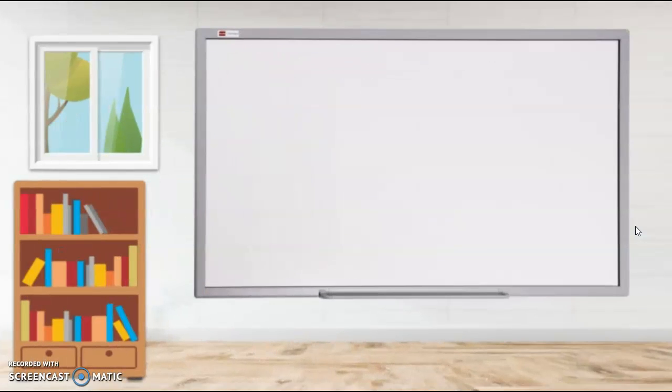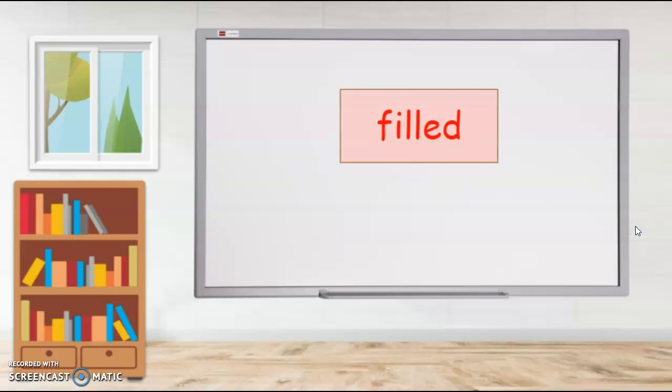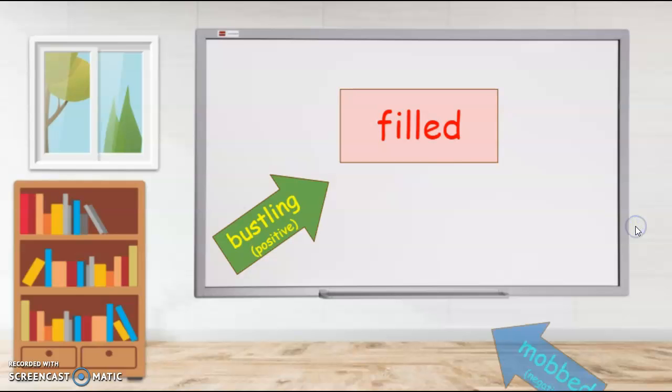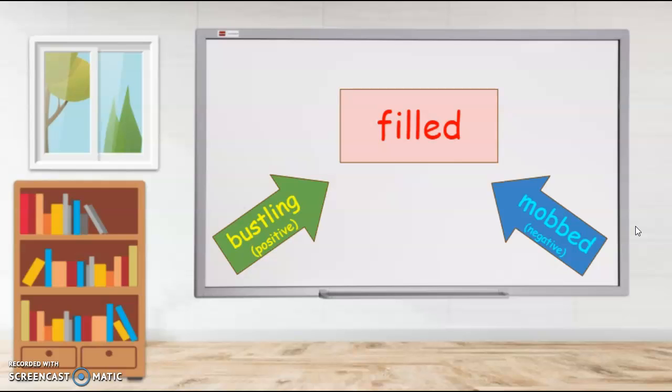In these examples, the words bustling and mobbed both mean filled. However, bustling suggests a positive feeling of energy and excitement, while mobbed suggests the feeling of overcrowding and restricted movement. Now, you'll try sorting words based on their connotations.